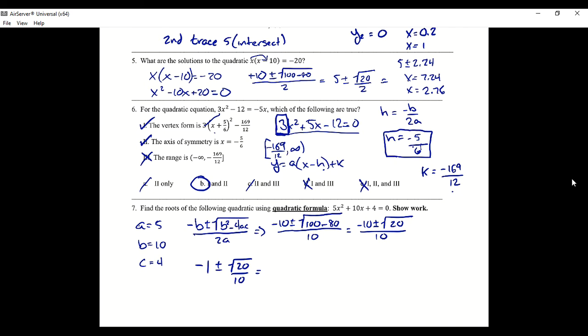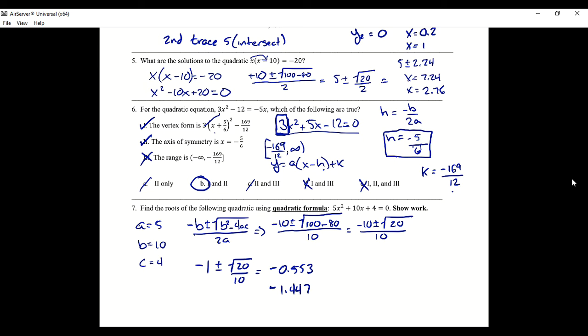So we can go negative 1 plus the square root of 20 divided by 10, negative 0.553, negative 1 minus the square root of 20 divided by 10, negative 1.447.